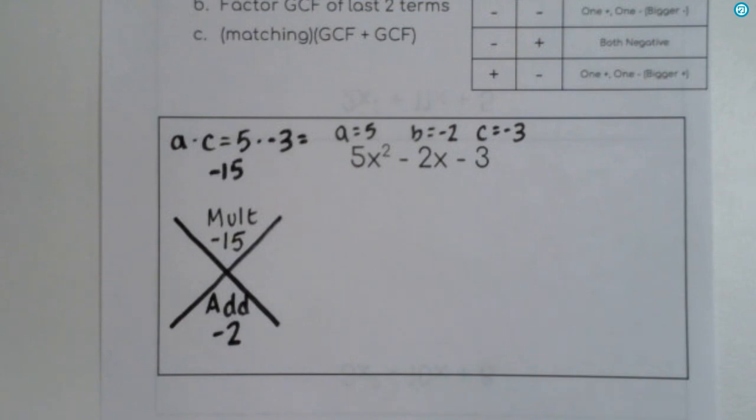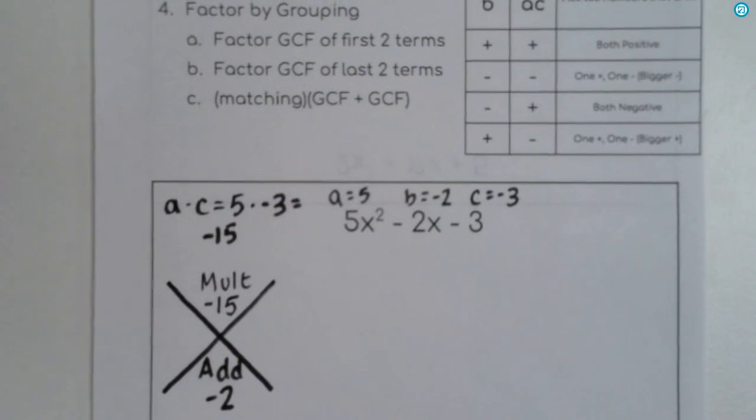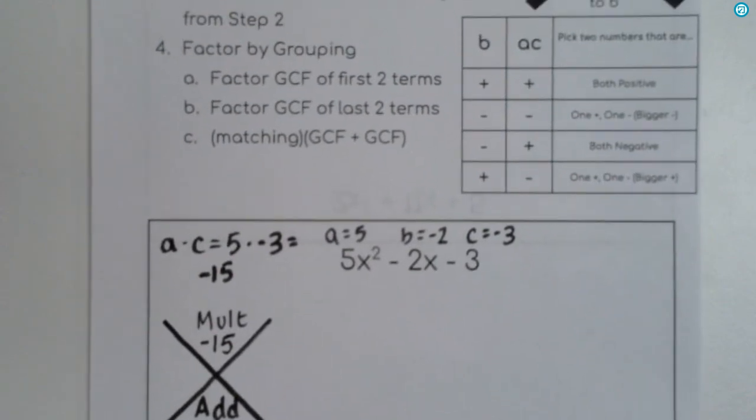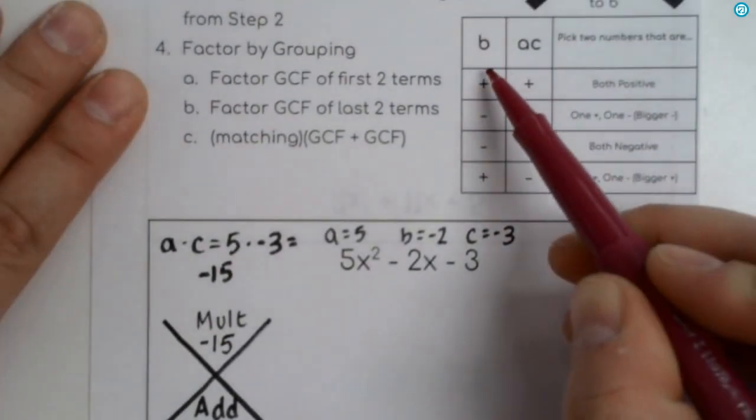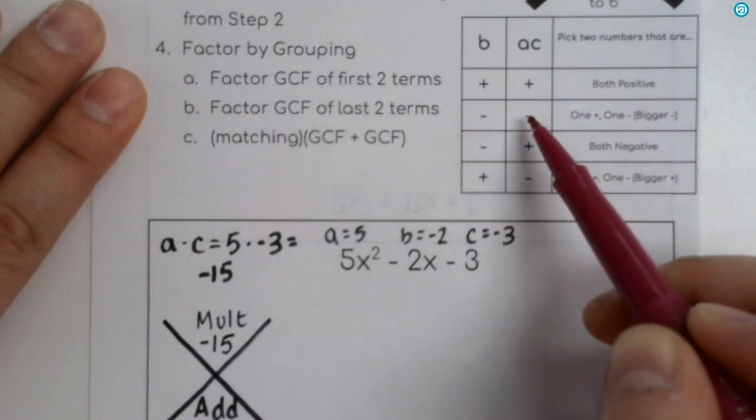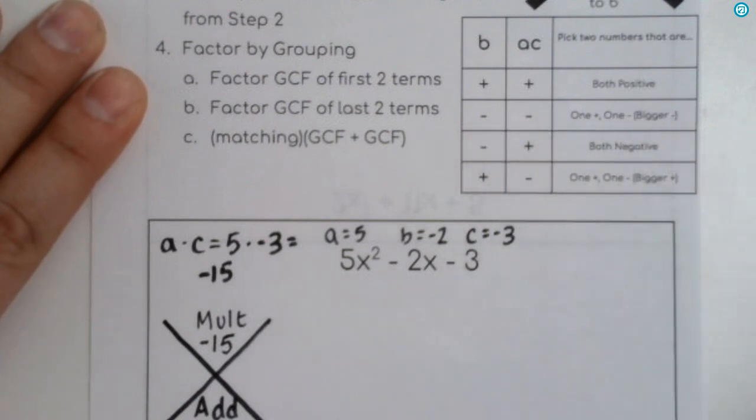You can list out factors like we did back in 5.6, or you don't have to if you don't want to. What two numbers multiply together to be 15 and are 2 apart from each other? 3 and 5. Awesome. If I need to add together to be a negative number and multiply together to be a negative number, I need to make my bigger number negative.